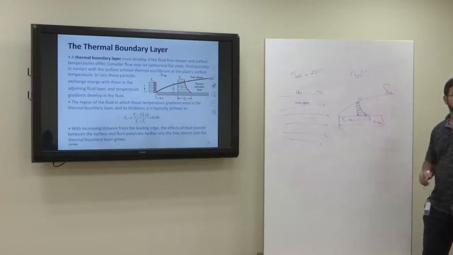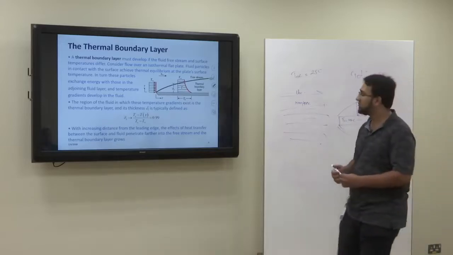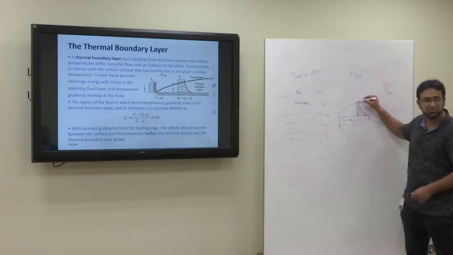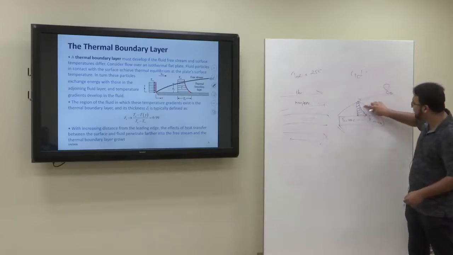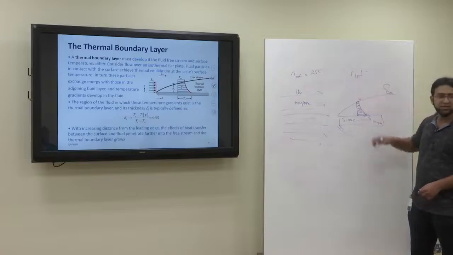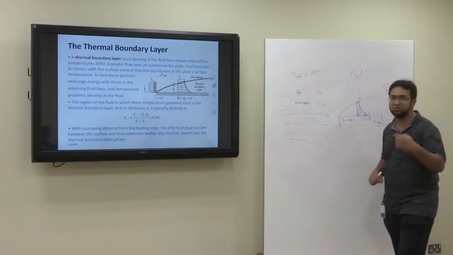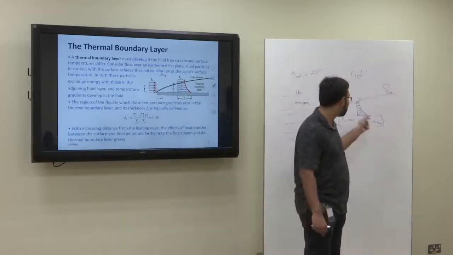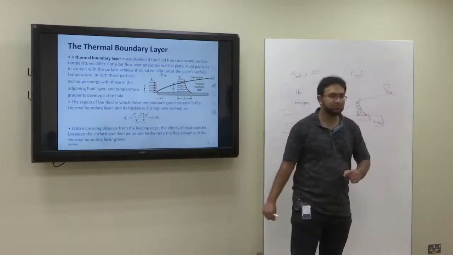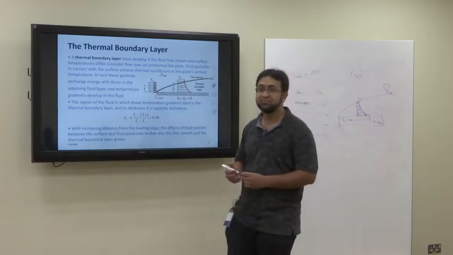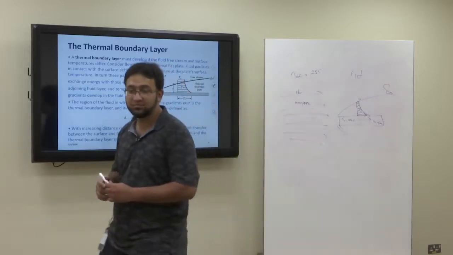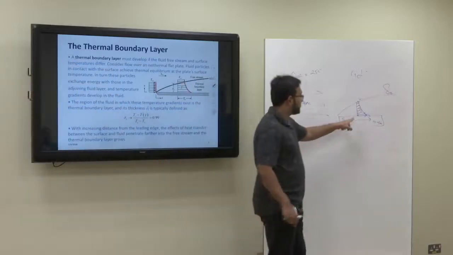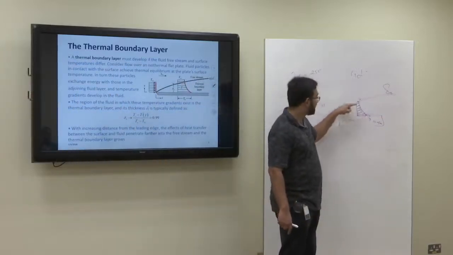Why will it be like this? We were saying, why didn't I make it like this? It's actually experimentally proved that it is like this. And in future you will have some formulations which are going to determine that it will be like this. The most hot one is here, and the coolest one is here.